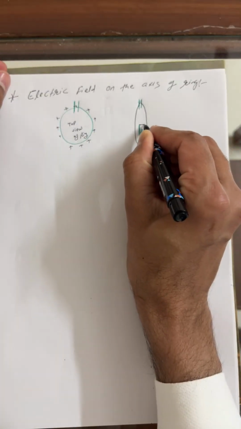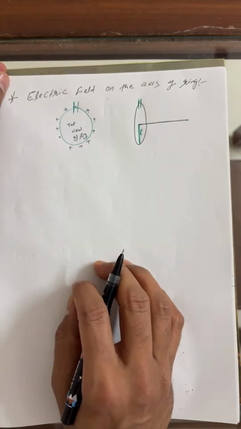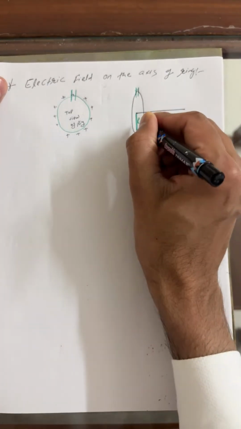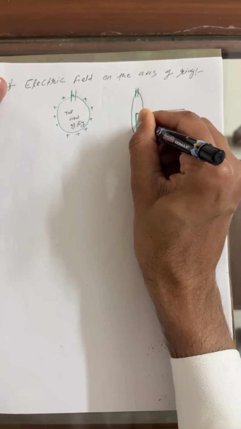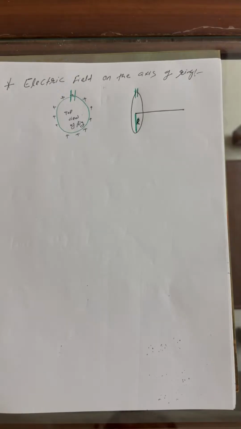The question is the electric field on the axis of the ring.